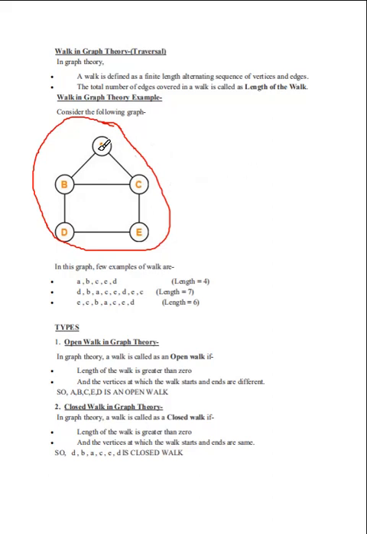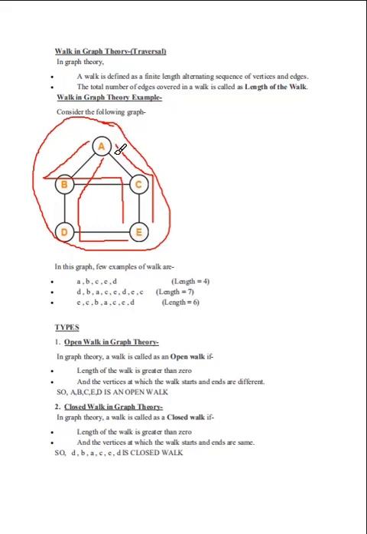For example, if you want to go from A to E, what are the possible walks? One walk is from A to C, from C to E. Another walk is from A to B, from B to C and C to E. Another possible walk is from A to B, B to D and D to E.